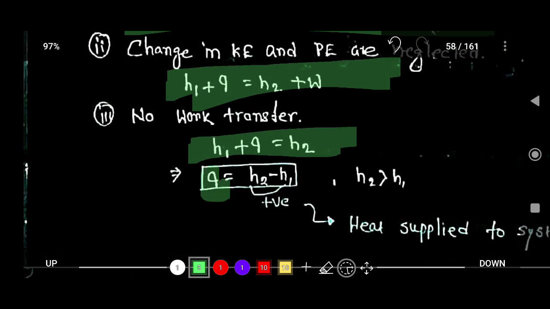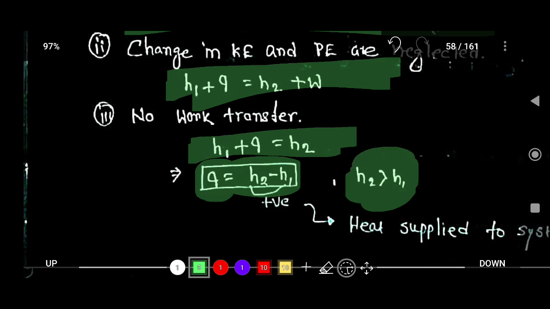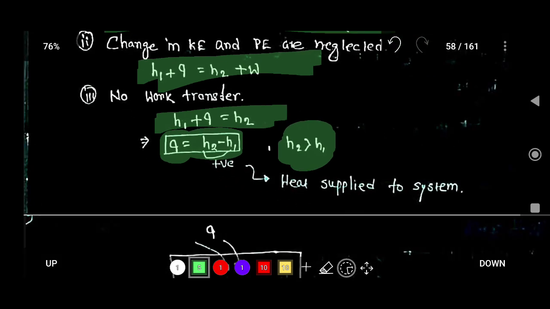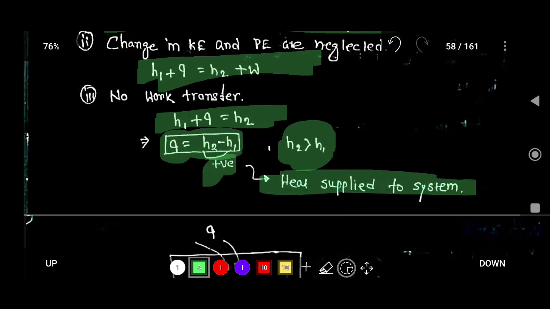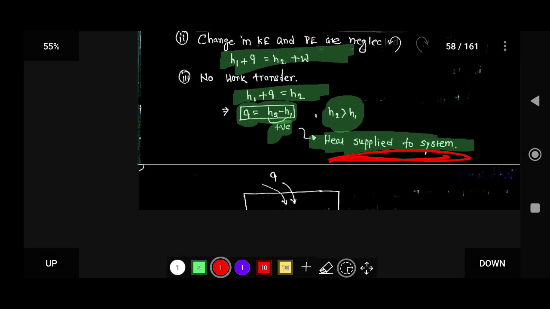If you want to calculate the Q value, the amount of heat, that is equal to H2 minus H1. As H2 is greater than H1, this is a positive value, and that means heat is supplied to the system.